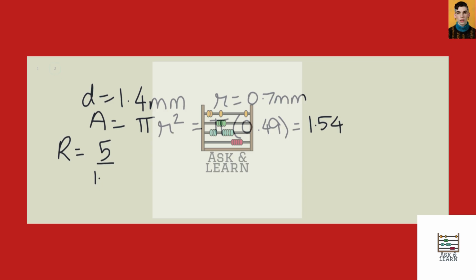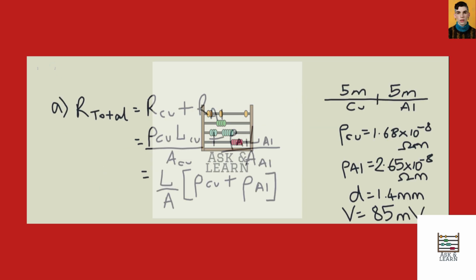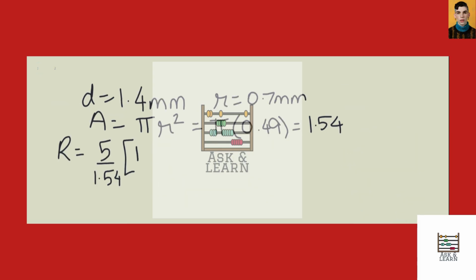And so I have 5 over 1.54 times, and I have my resistivity values listed out over here. So this is going to be 1.68 plus 2.65 times 10 to the negative 8.